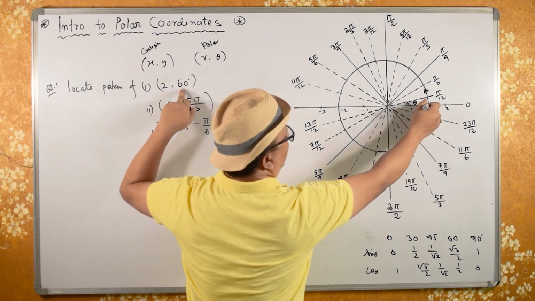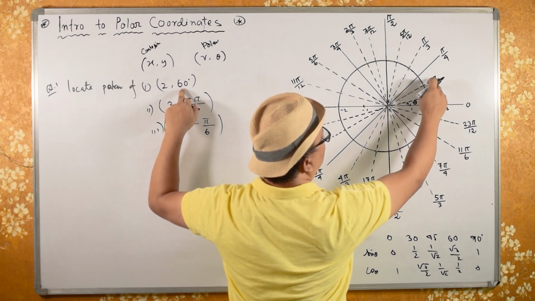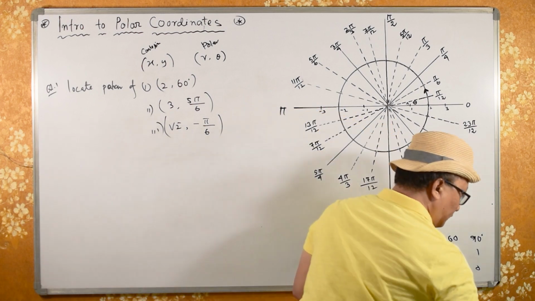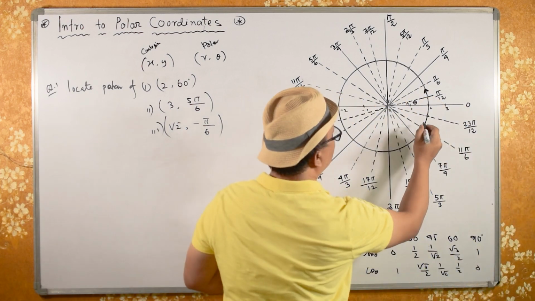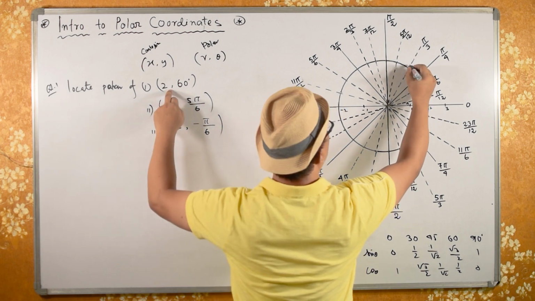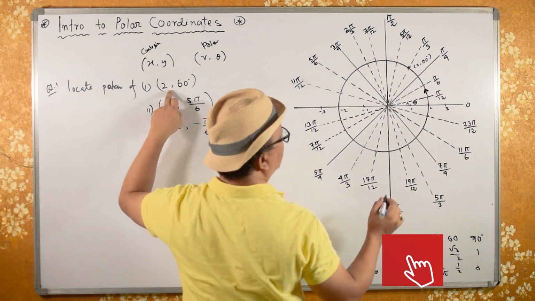Here you have 15, 30, 45, 60. Now this is the particular point for 2 comma 60 degree.